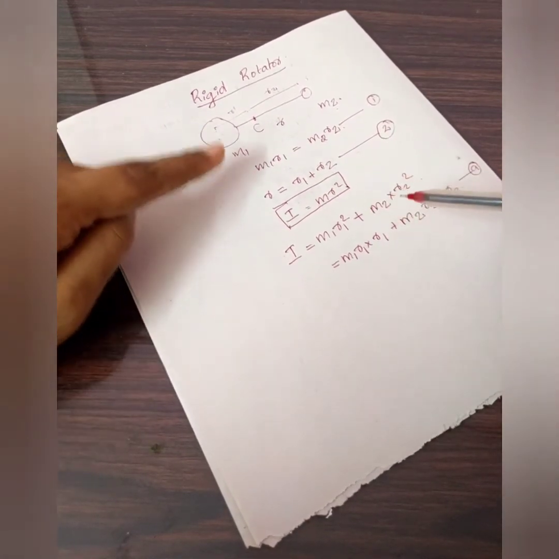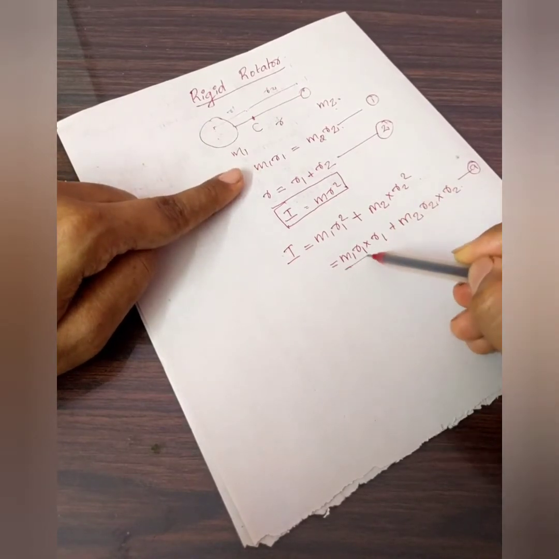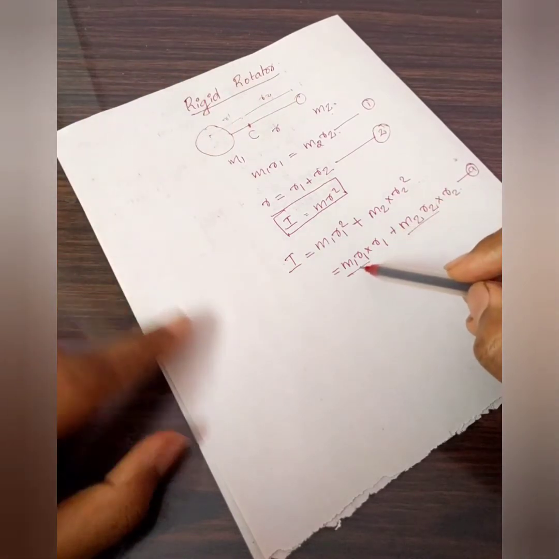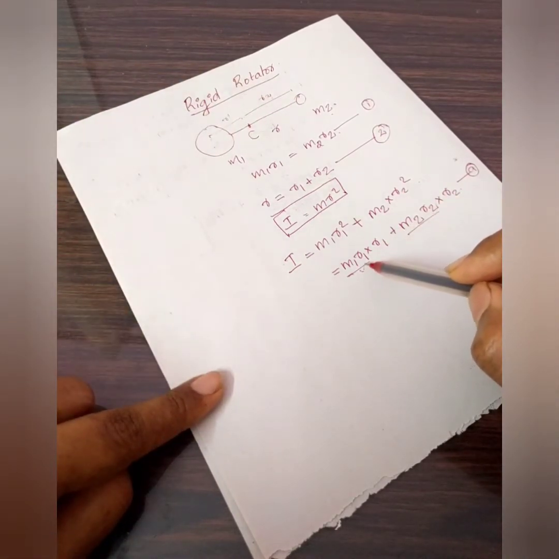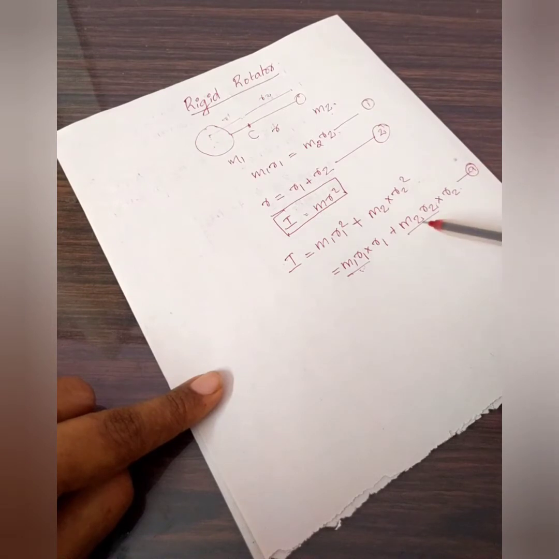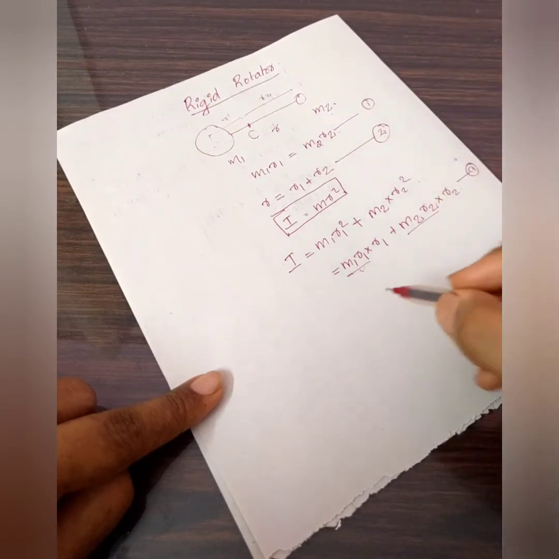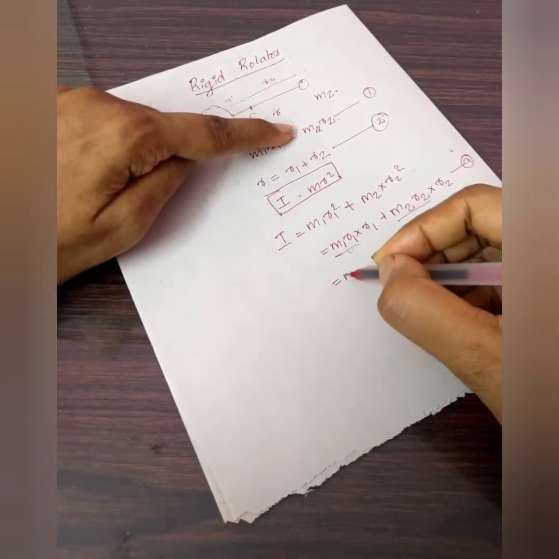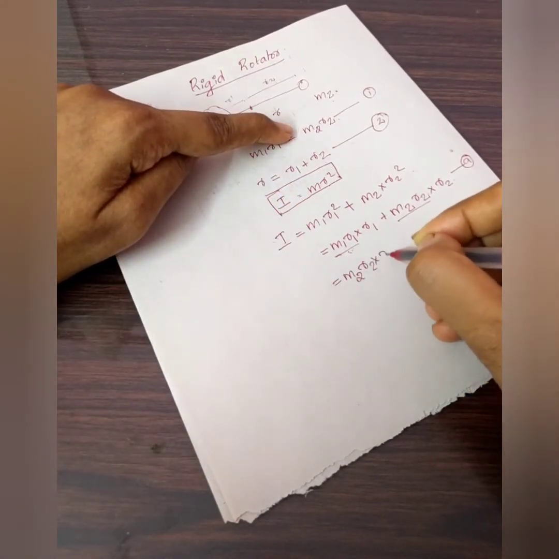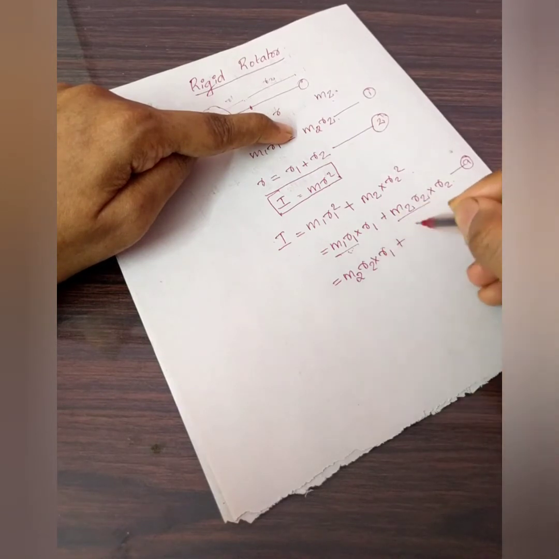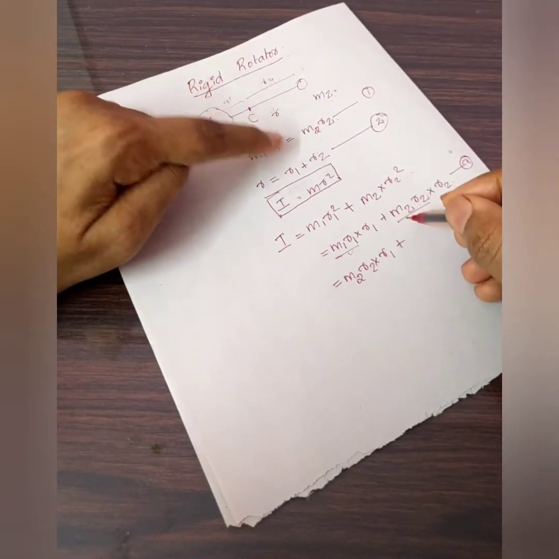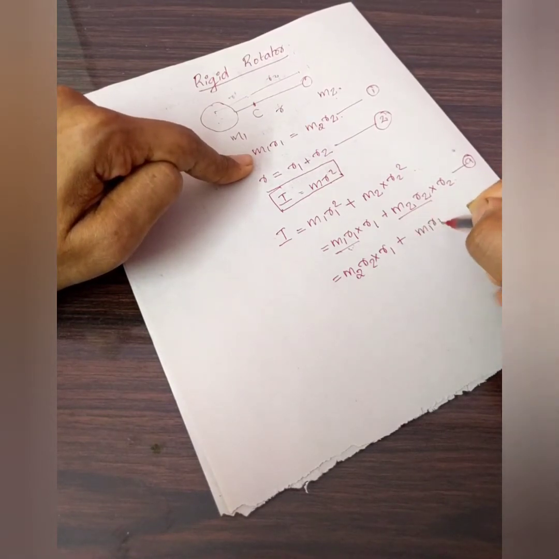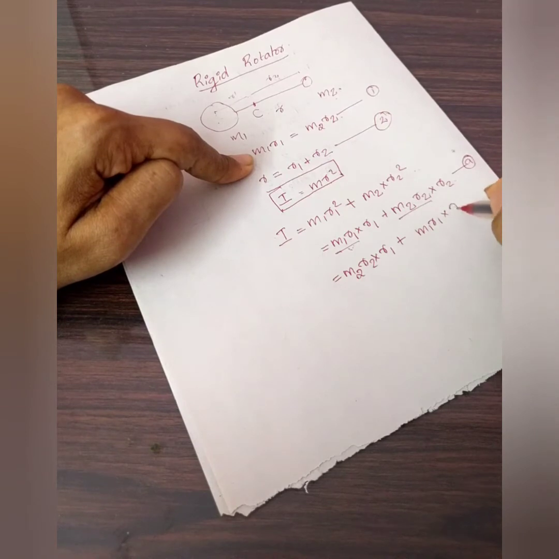Now I have already defined what m1 r1 and m2 r2 are. So now I am going to replace this m1 r1 with m2 r2 and this m2 r2 with m1 r1. So I am going to rewrite the expression. This m1 r1 is equal to m2 r2 into r1 plus, this m2 r2 is equivalent to m1 r1, so instead you can write m1 r1 into the same r2.